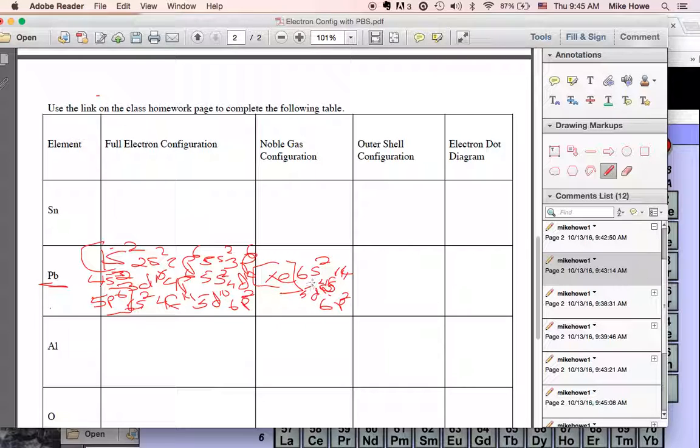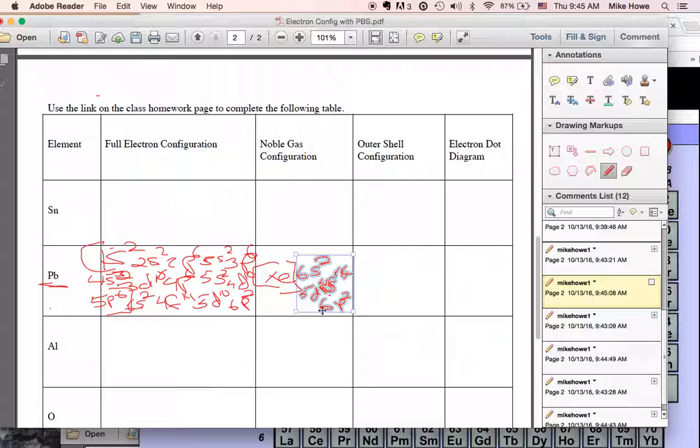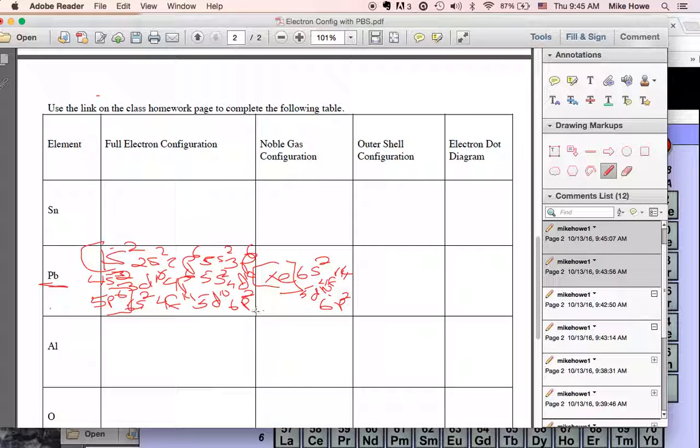Now, outer shell only involves the outer shell. So you look at this again, and you see, well, what is in the outer shell? It'd be the 6th energy level here and the 6th energy level here. So the highest outer shell just means what? Highest coefficient.